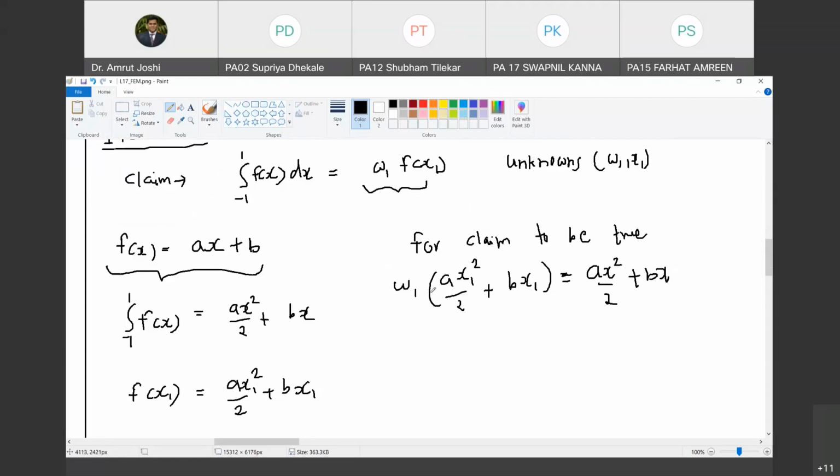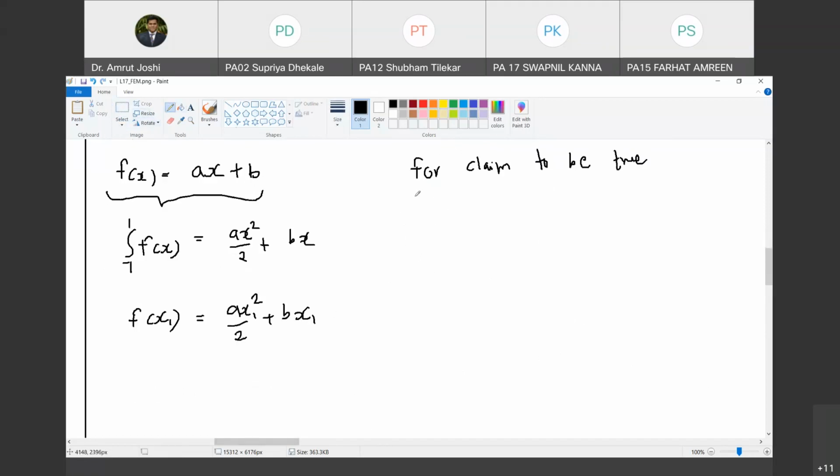Now look here, on the left hand side I am going to collect the coefficients of a. So what are the coefficients of a? For the claim to be true, we must have w1 into ax1 square by 2 plus bx1 equal to ax square by 2 plus bx.